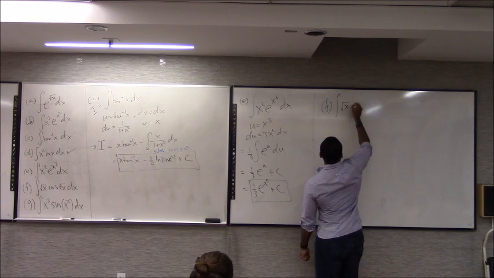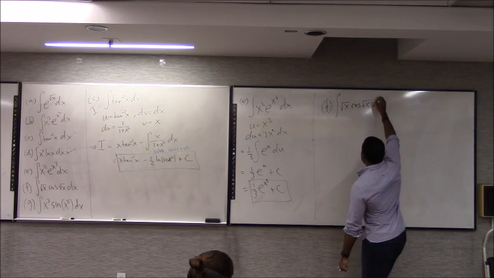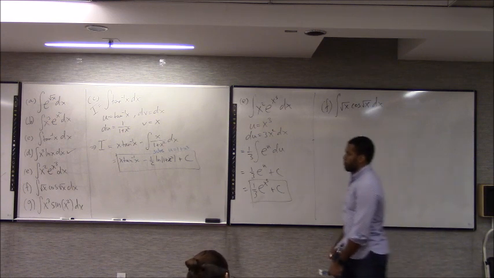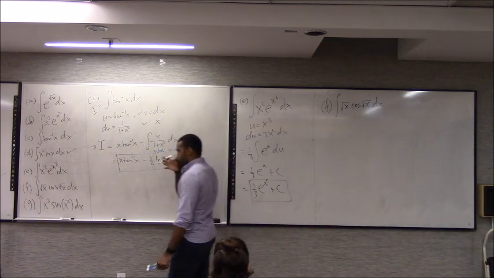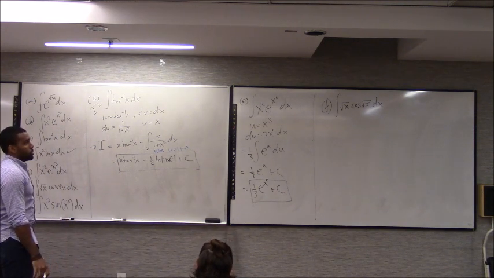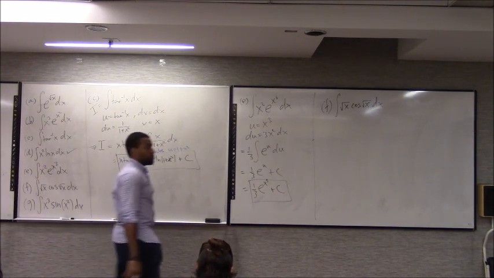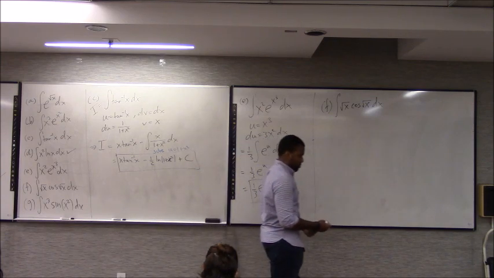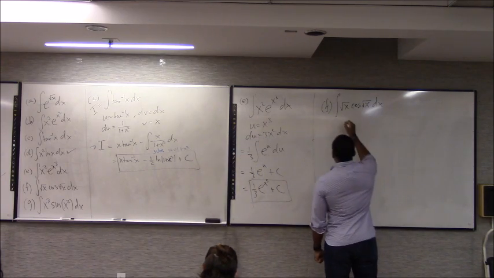Integral of radical x cosine of radical x dx. Okay, what do we do here? Substitution. u equals root x.